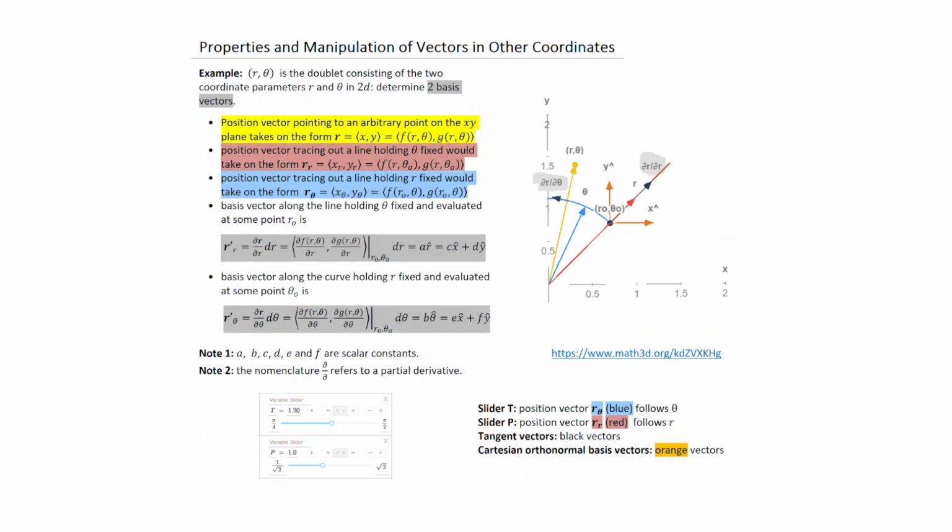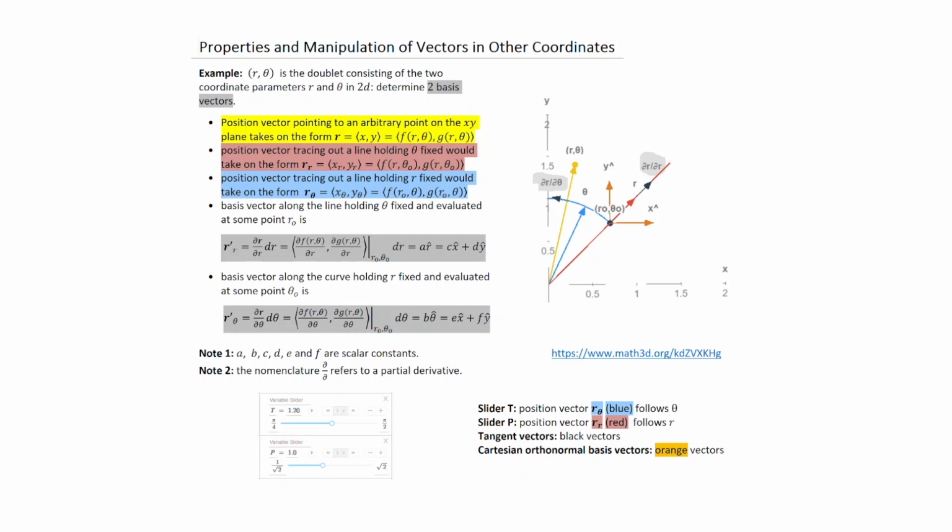So in this case, you're going to evaluate this at the position r sub 0, θ sub 0, and the differential length would be, as shown, dθ. And so this is in the θ hat direction, and it would take on some value, so we've got a scalar value b there. And again, it can also be represented in the Cartesian coordinate system based on a linear combination of x hat and y hat, and that's shown there. So they're equivalent to each other.